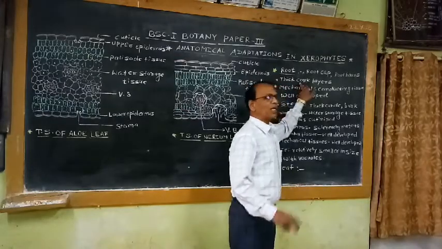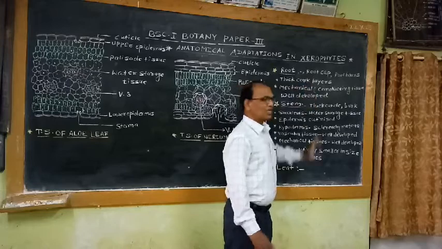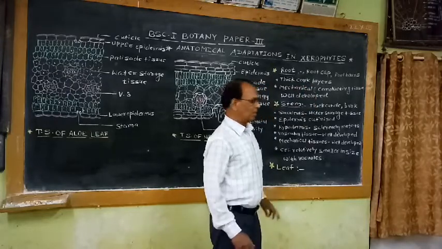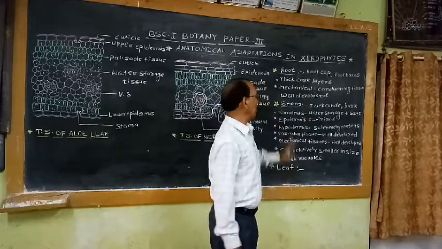If we observe the cork layers in the root as well as stems of xeropodic plants, the cork layers are generally thicker in nature. That means thick layers of cork is another anatomical adaptation.